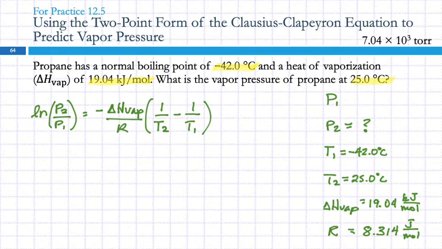So that tells me that pressure 1 is 1 atmosphere or 760 torr. And I know because I did this problem last night, and because the answer is right up there, that it wants the answer in torr. So I'm going to use torr. We can't use degrees Celsius. We need to change this to Kelvin. So let's see.